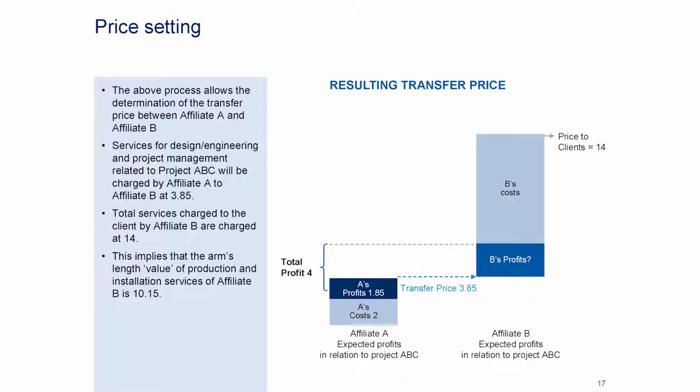Maybe, Sebastian, let me ask one question on your profit split, because I appreciate now this has been a profit split based on price setting, not outcome testing, so set in advance. What happens now? We have set this transfer price at 3.85, and now what happens if in the course of the year company B encounters very difficult market circumstances and runs into a loss situation for reasons which may be beyond its responsibility or its fault, but it just happens.